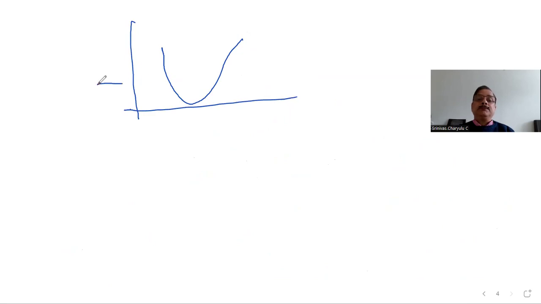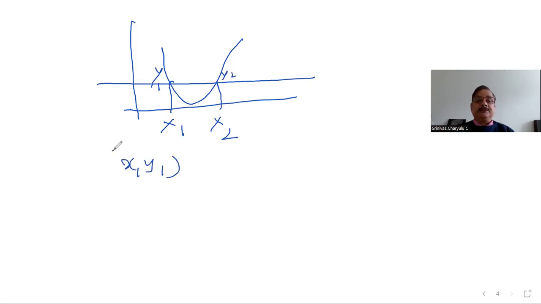and you have drawn one horizontal line here. What does this do? This horizontal line is intersecting the curve at two places. Let us say this is x1, this is x2, this is y1, this is y2. Two points are there: x1, y1 and x2, y1. So y1 is the constant here.